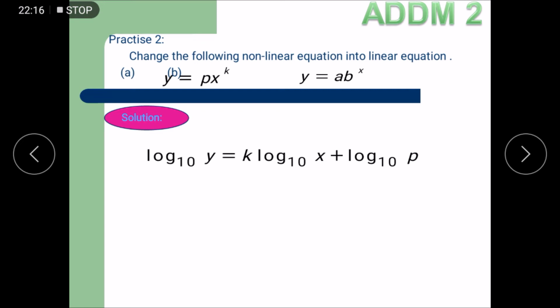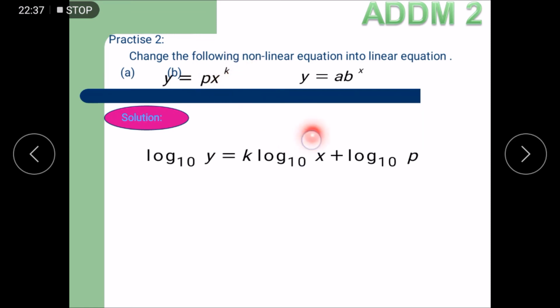So the first example, example A, y equals p x power k. If I want to bring down the power, or if I want to separate the x and the p, I have to use log. I put log y equals log p times x power k.